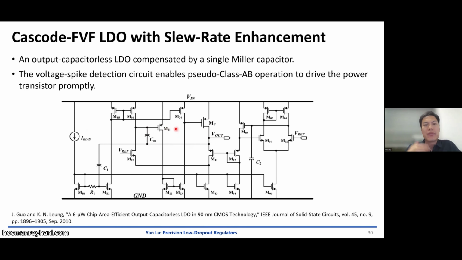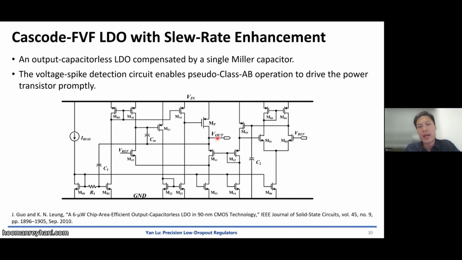So basically, for capacitorless LDO designs, people usually set the dominant pole inside the amplifier or the feedback loop, because we want the output pole to be high frequency, as there's no large capacitor on the output.